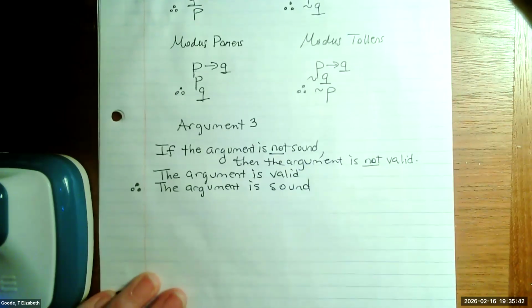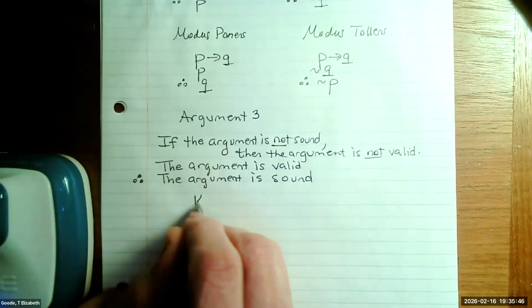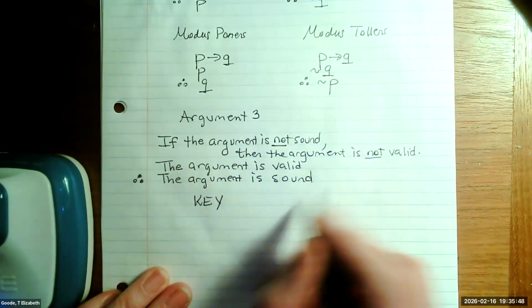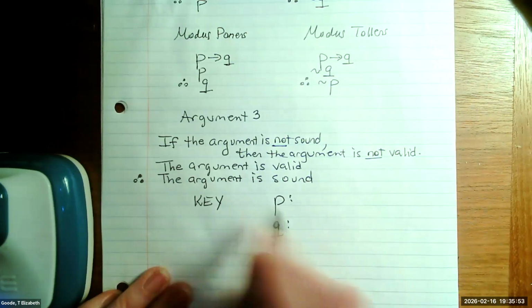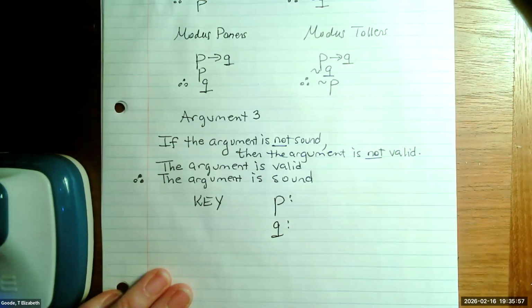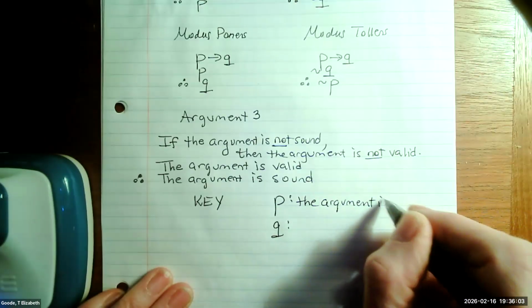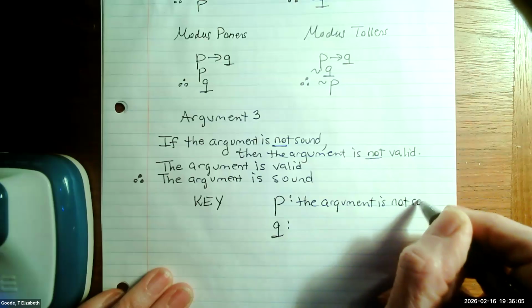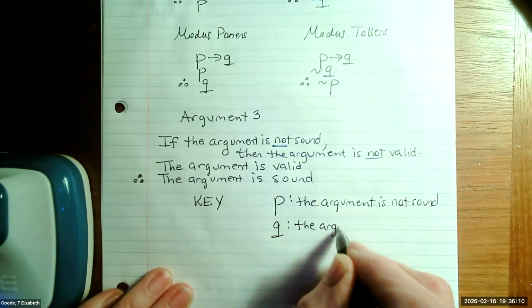When you make your key, we want one of something to be P and something to be Q. So what do you want to take for P? Well, I just had the argument is not sound. That's fine. The argument is not sound. And then Q was the argument is not valid.